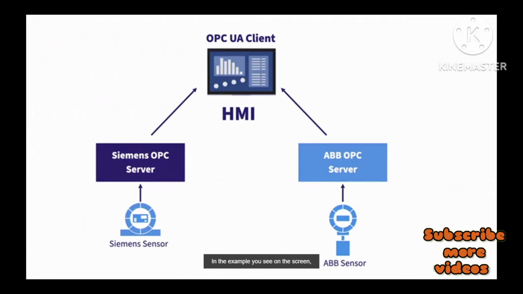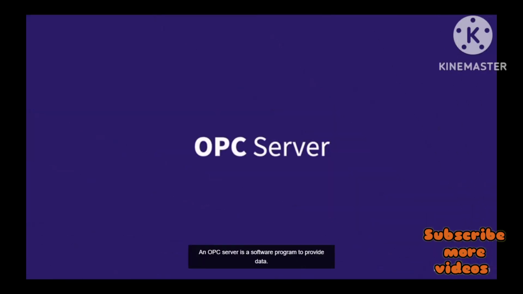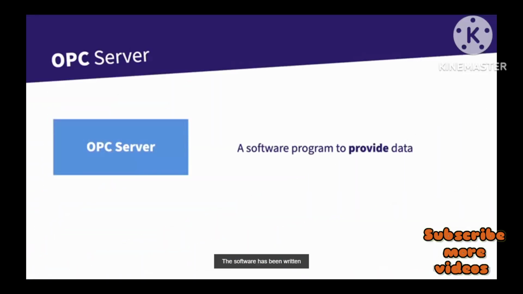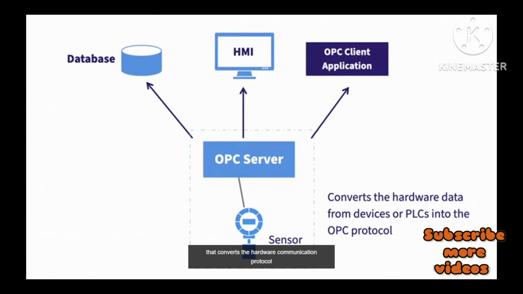In the example you see on the screen, the OPC client is an HMI to show the data coming from two field devices, Siemens and ABB sensors. An OPC server is a software program to provide data. The software has been written to one of the OPC specifications that converts the hardware communication protocol and data coming from devices or PLCs into the OPC protocol.